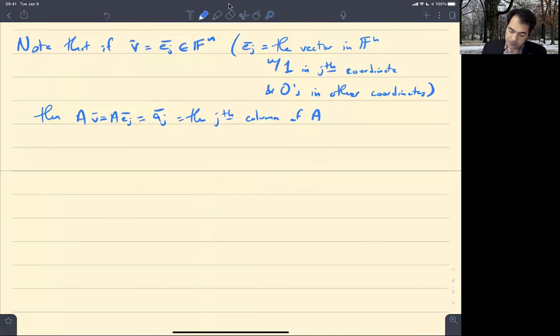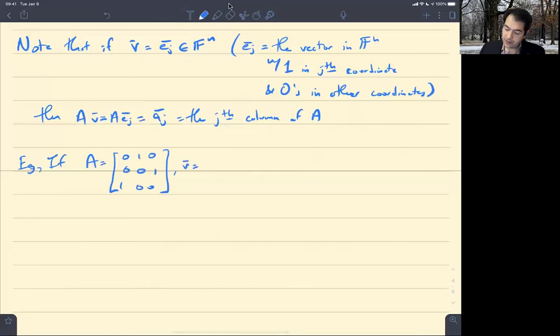Here's another example. Let's say that you take the matrix like this. So you have zeros almost everywhere, but every row has a 1 somewhere. And those 1s are in different columns. Well, in this case, let's say the vector v has entries x, y, z. Then A times v is easy to compute, right? So you would do this row times this column, and so you would get y.